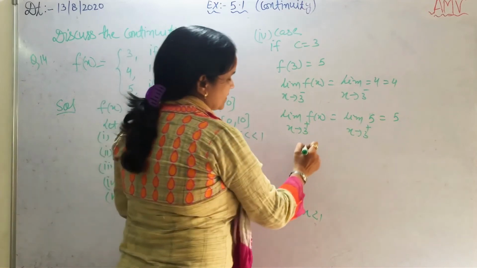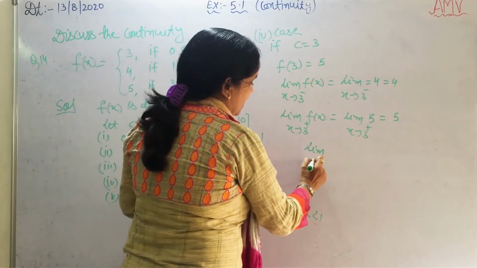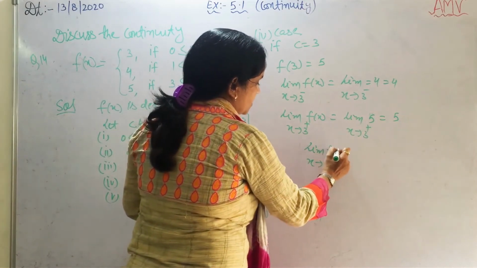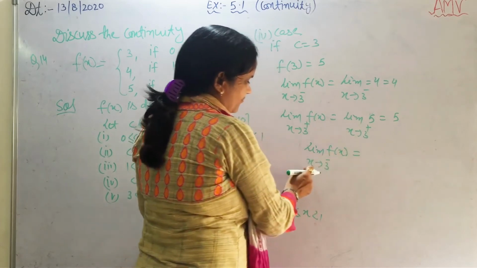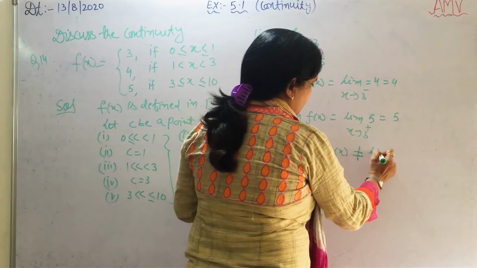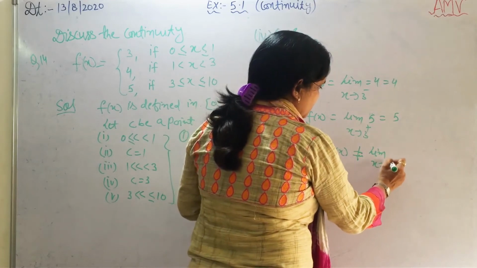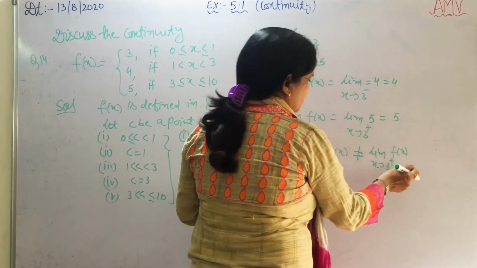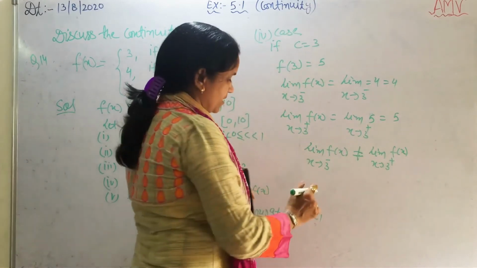Now see that limit x tends to 3 negative f(x), the left hand limit, is not equal to limit x tends to 3 positive f(x), the right hand limit.